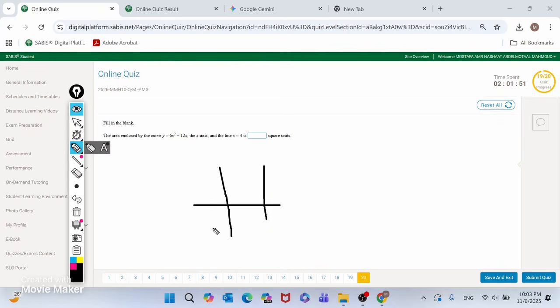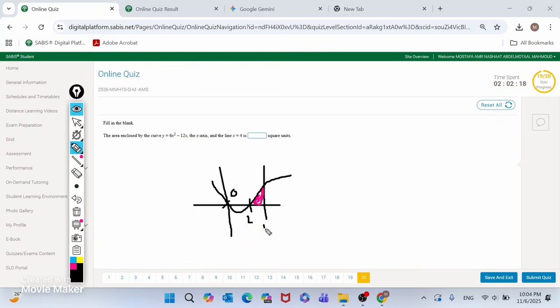Okay, so it intersects the x-axis at 0 and also at 2, and I'm assuming it goes up. So you want to find this area. It intersects here at 2, and here at 0.